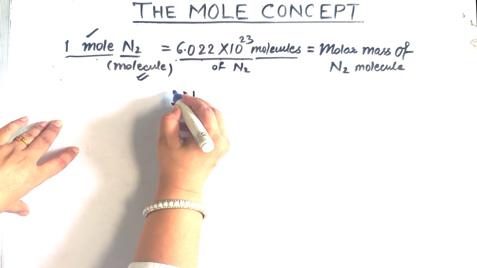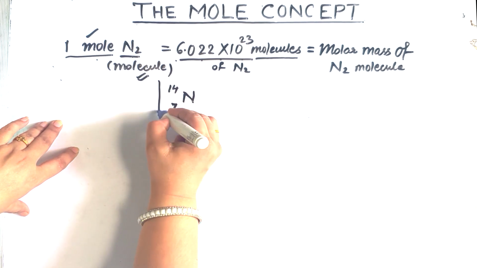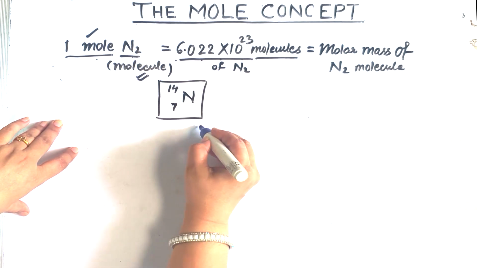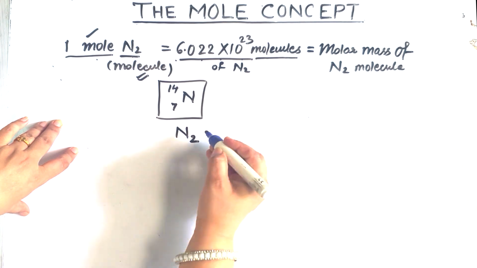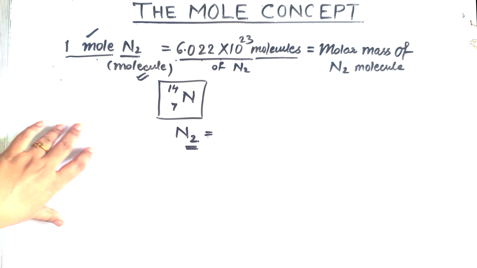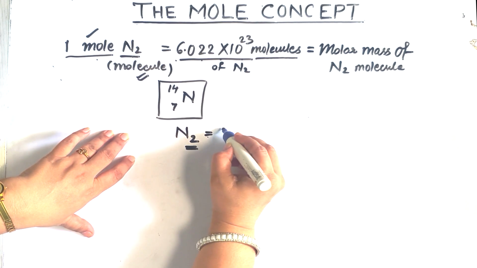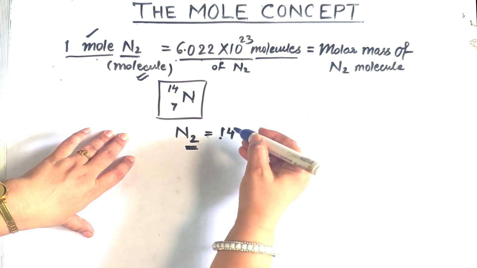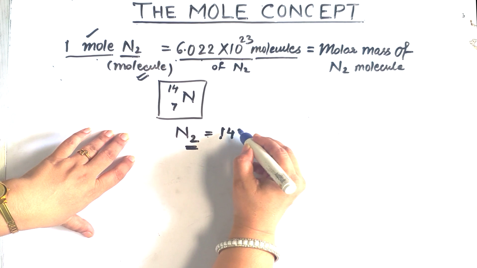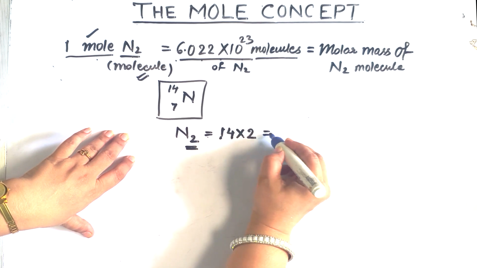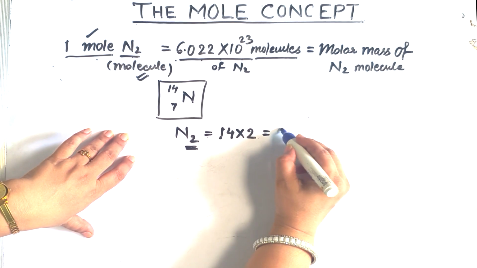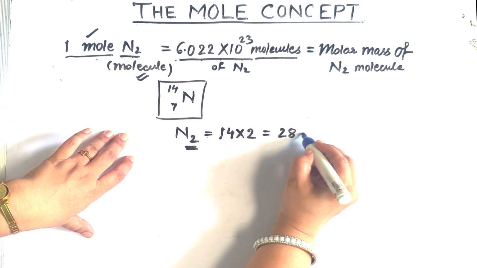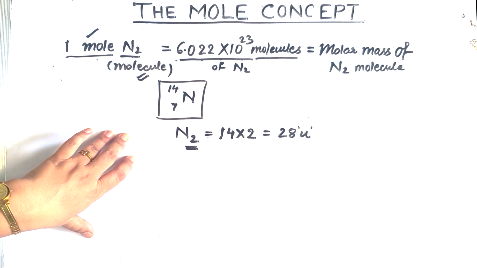This is 7 and 14, the symbol of nitrogen. For the molecular mass of N2, we have to calculate how many atoms are there in the nitrogen molecule: 2, and 1 atom has atomic mass 14. 2 atoms are present, so the molecular mass becomes 14 × 2 = 28 u, or unified mass.